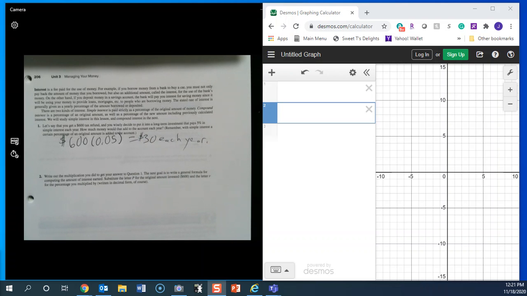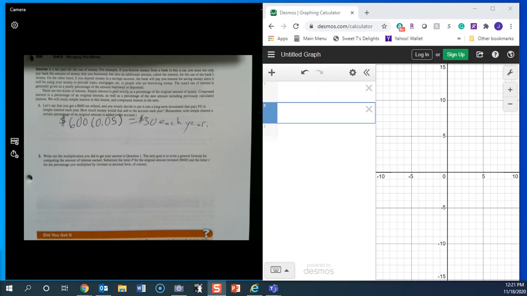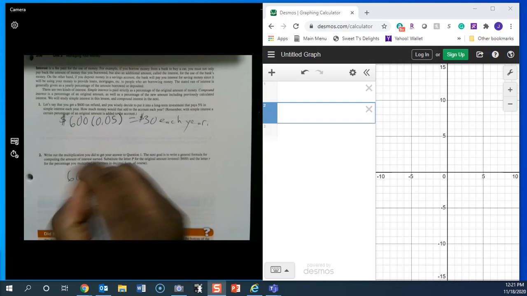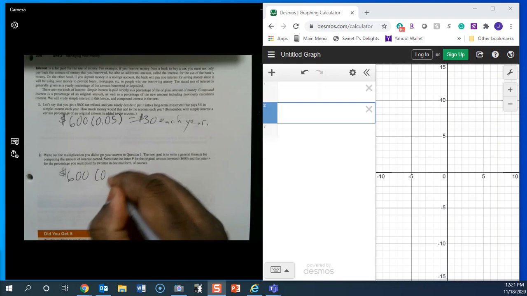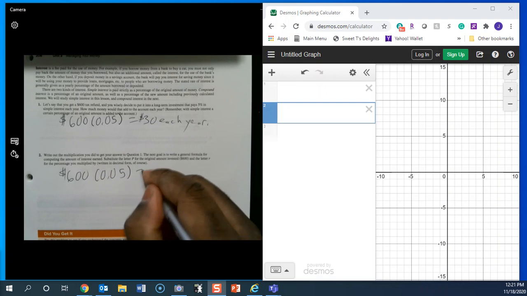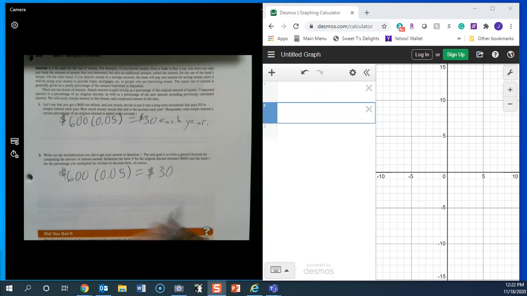Okay, number two. Write out the multiplication you did to get the answer to question 1. The next goal is to write a general formula for computing the amount of interest earned. Substitute the letter P for the original amount invested, $600, and the letter R for the percentage you multiply by, written in decimal form, of course. So we have the $600 times the 0.05, and we know that would equal $30.